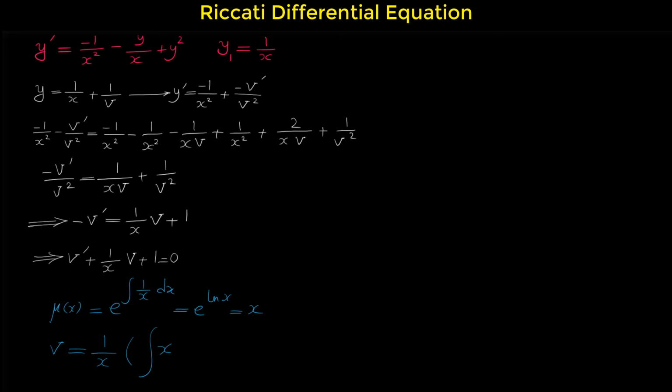Actually, to use the method that I described here, the q of x is the function that is on the right side. So we have to bring this 1 to the right side, and that's the q of x. So if I bring 1 to the other side, this equals negative 1.